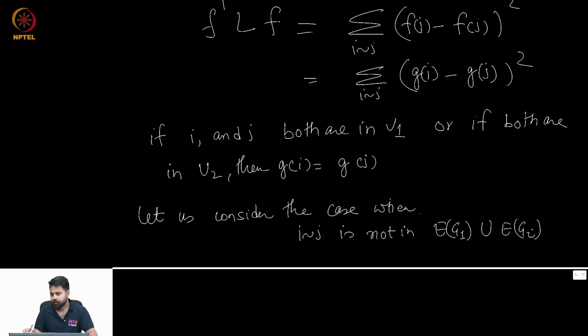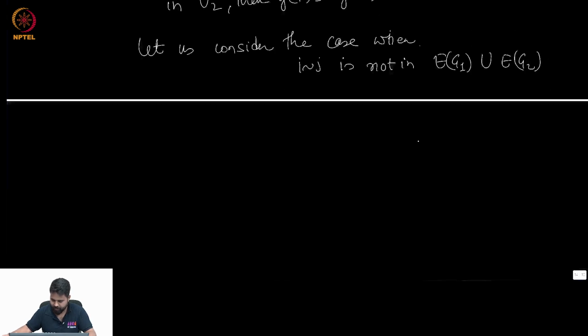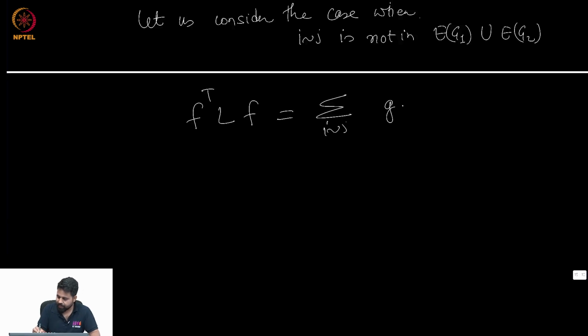So this is the other edge. In that case, let me write F transpose L F is equal to summation over all ij's of g_i minus g_j, and you are taking the square of this.